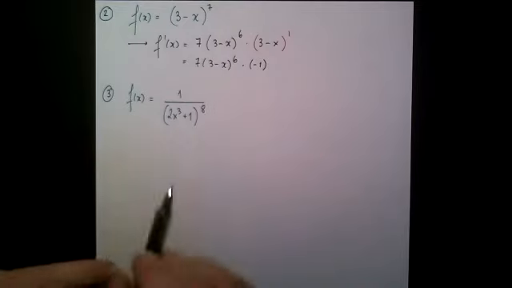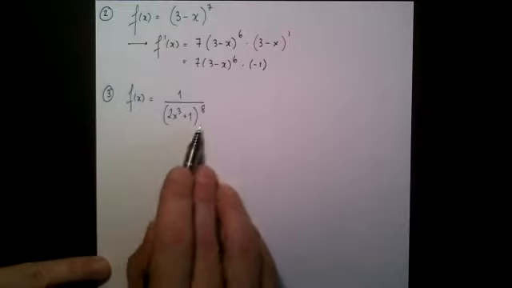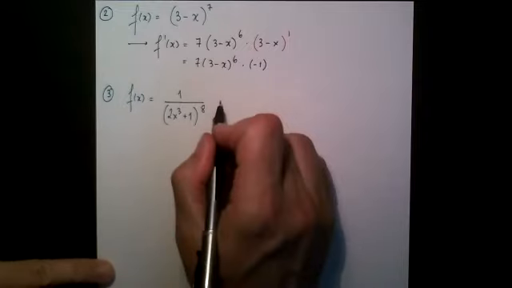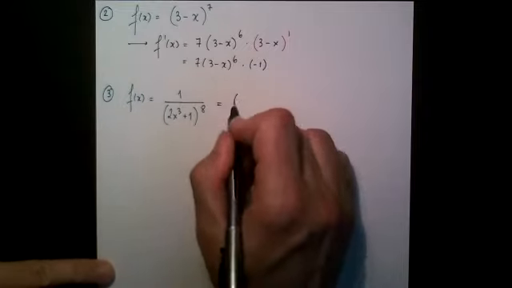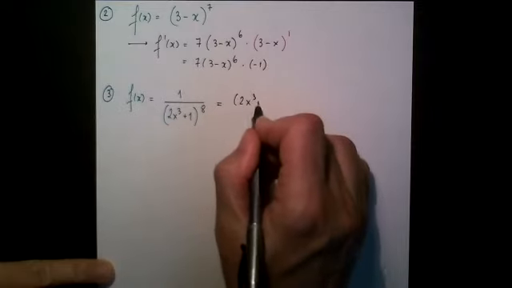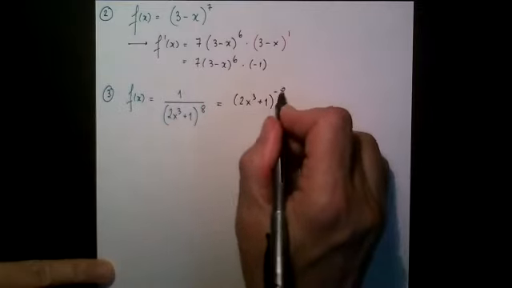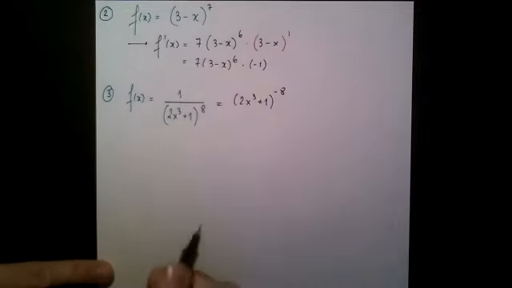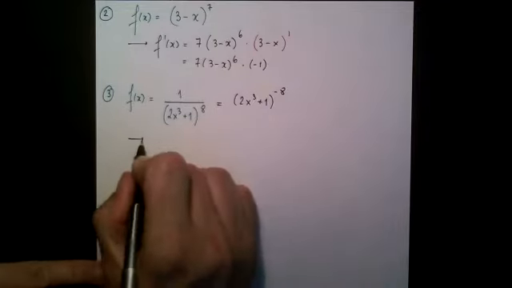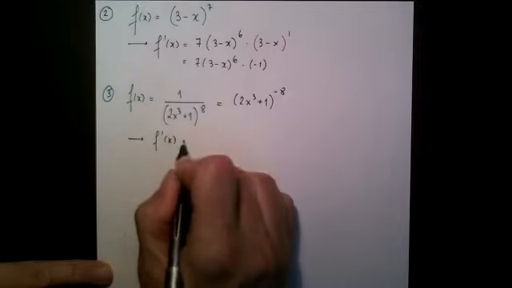In this case, before doing anything, I'm going to rewrite it in exponential form, which is 2x cubed plus 1 to the power of minus 8. And now I can do my derivative using the chain rule.